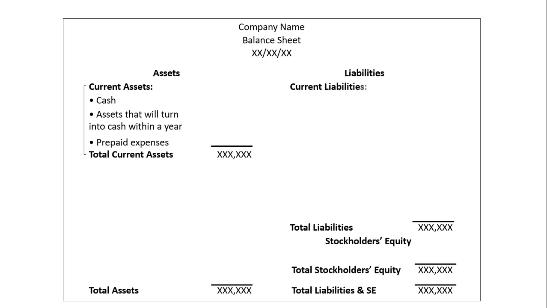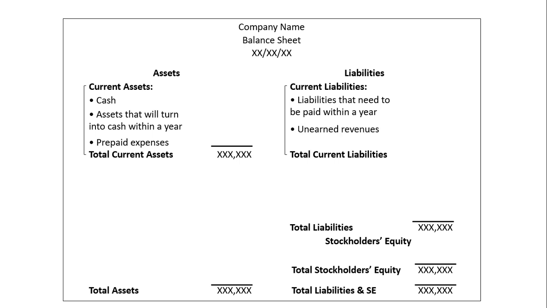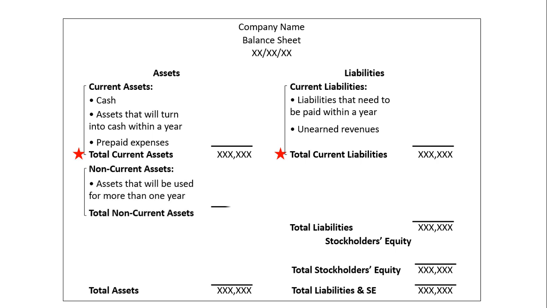Current liabilities are liabilities that will require payment with cash within a year, and unearned revenues. Total current assets and total current liabilities are two of the most important subtotals for evaluating liquidity. For a more in-depth review of current and non-current assets and liabilities, use the classified balance sheet ACLET.